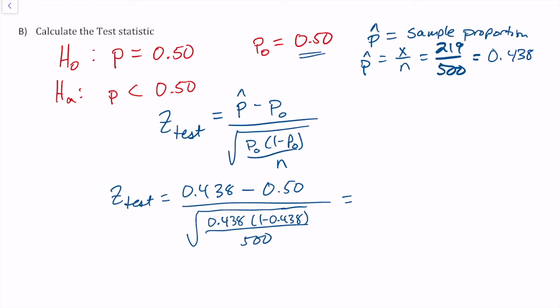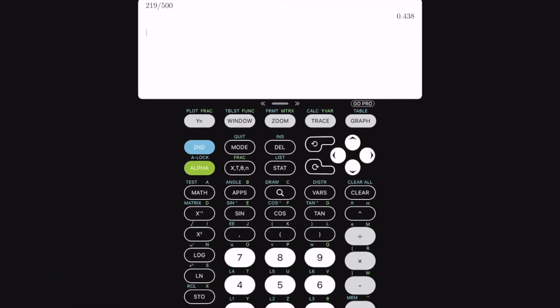For that, we definitely need a calculator. So, in my calculator, clear it out. I'm going to do open parentheses, 0.438, minus 0.50, close parentheses, divided by, and I'm going to open up another set of parentheses here, the square root of 0.438, still underneath my square root, do an open parentheses for multiplying, 1 minus 0.438, close parentheses, still under the square root, divide by 500.